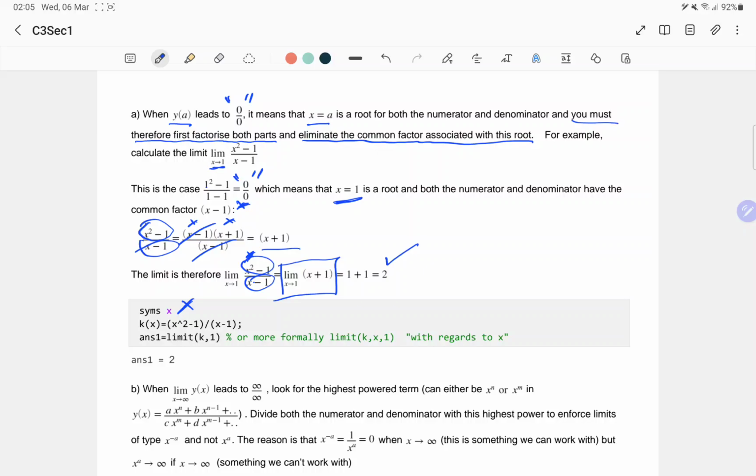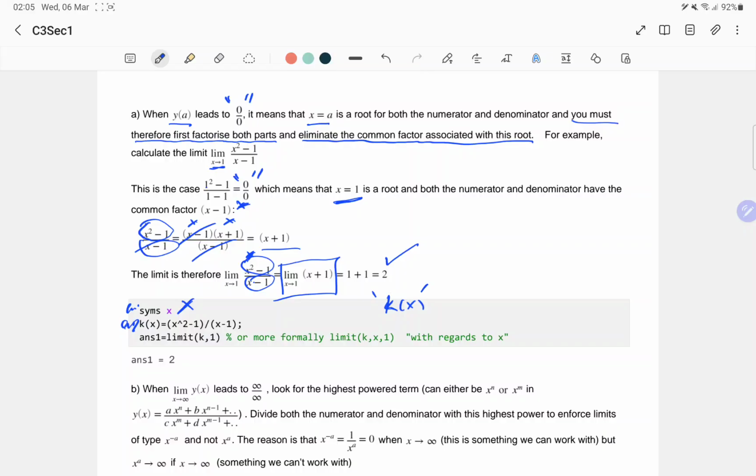So we go to the second line, k of x equals x squared minus 1 divided by x minus 1. In this line, a symbolic function, that is k of x, is defined.